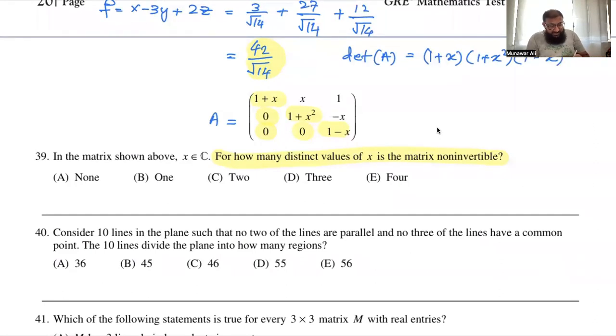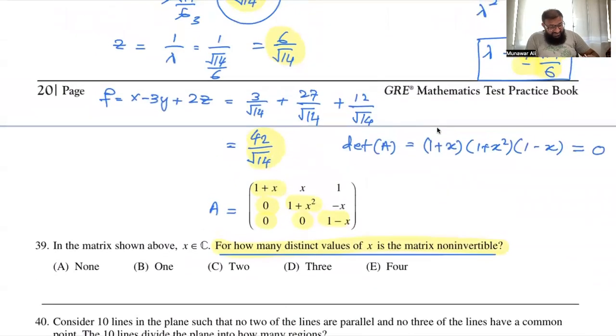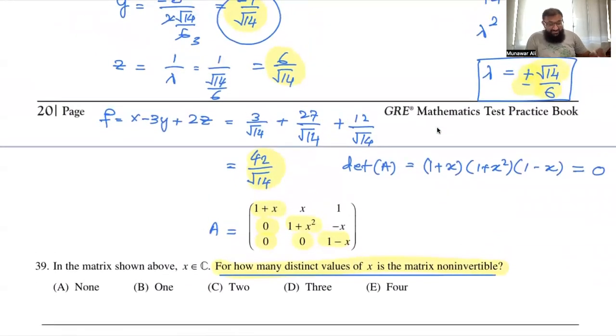So it asks for how many distinct values of x is the matrix non-invertible. Non-invertible means its determinant is 0. Now for how many values of x the determinant is 0, you just need to solve this and see how many roots or solutions you get.